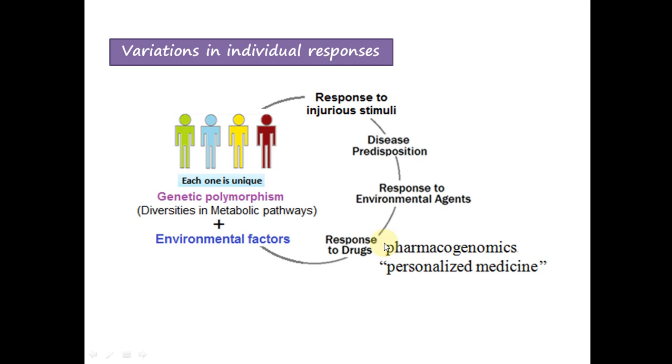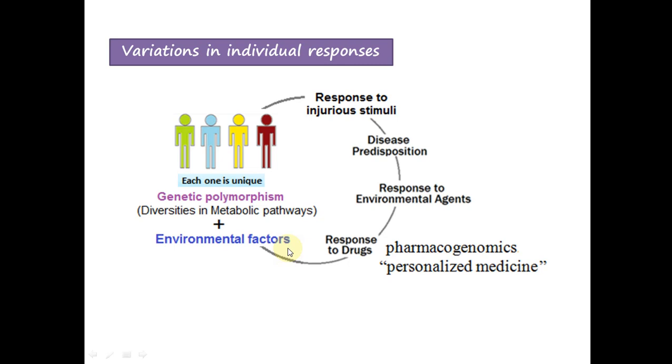Moreover, the diversities that arise as a result of genetic polymorphism in various metabolic pathways, along with the genetic polymorphisms leading to various diversities in the metabolic pathways, constitute the response of an individual to a particular stimulus or to a particular drug, in combination with the environmental factors. So each and every disease and its effects on a particular individual are determined by the genetic predisposition and the environmental factors.